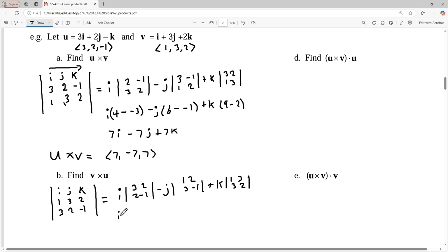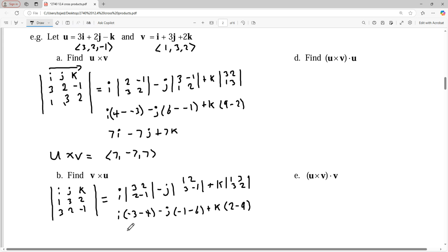I have i times 3 times -1 is -3, minus 2 times 2 is 4, minus j times 1 times -1 is -1, minus 3 times 2 is 6, plus my vector k times 1 times 2 is 2, minus 3 times 3 is 9.